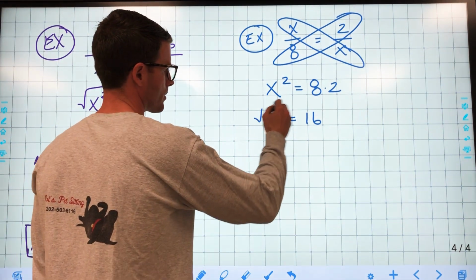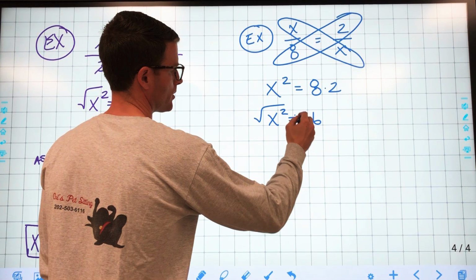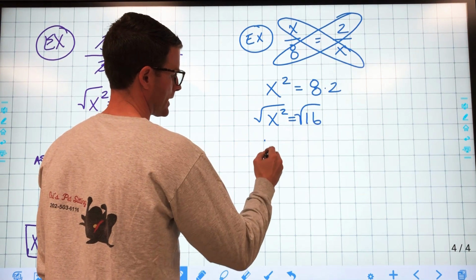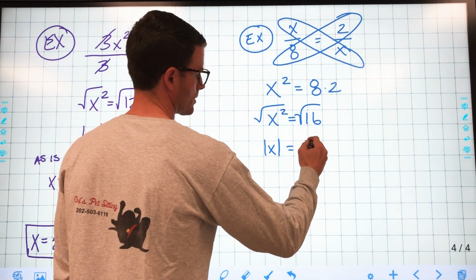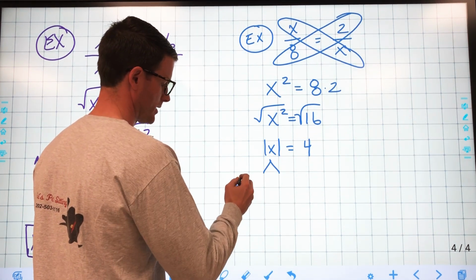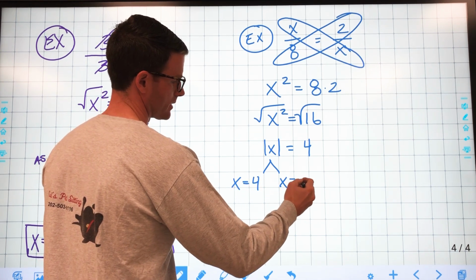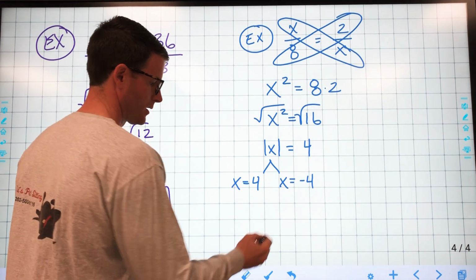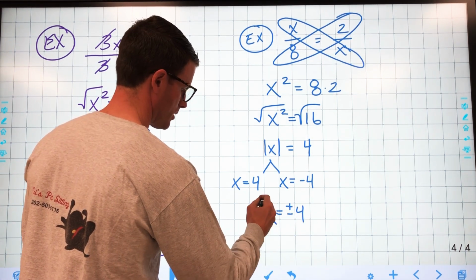To undo x squared, I'm going to take the square root, do it to both sides, and I get the absolute value of x equals 4. From here, we split, solve as is, x equals 4. Solve where we flip the sign, x equals -4. So my answer, x equals plus or minus 4.